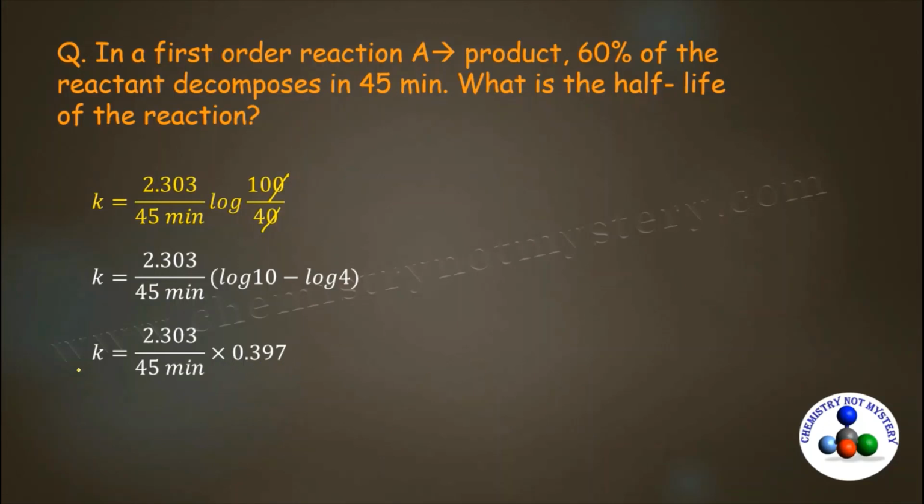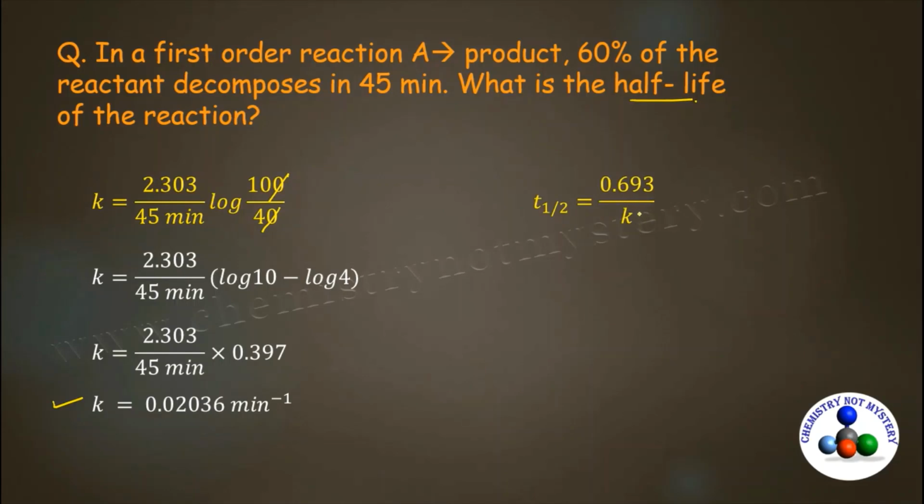On solving the equation, you will get the value of rate constant, that is equal to 0.02036 per minute. Now we have the formula for half-life, that is t half is equal to 0.693 over k.